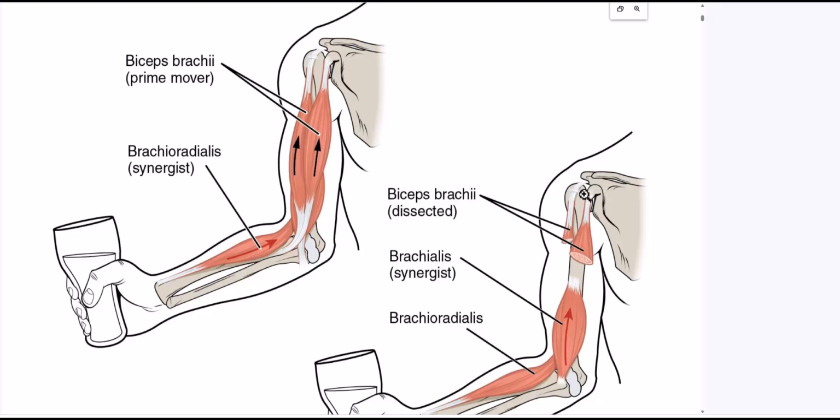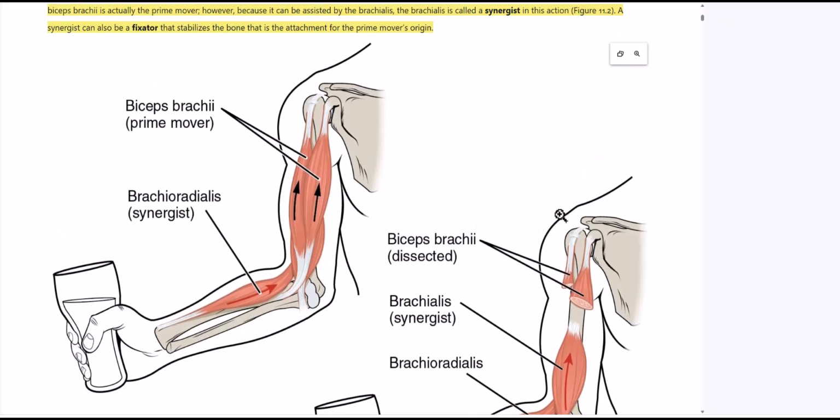So that means that the coracoid process and the supraglenoid tubercle are your origins of the biceps brachii. The radial tuberosity is your insertion. So make sure you understand the origin and the insertion as a concept for the lecture exam, and then the lab exam, you're going to be asked about quite a few of these specific origins and insertions.